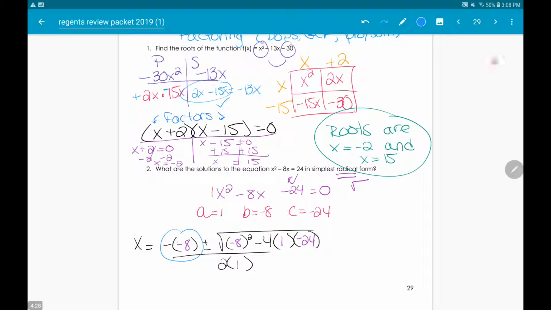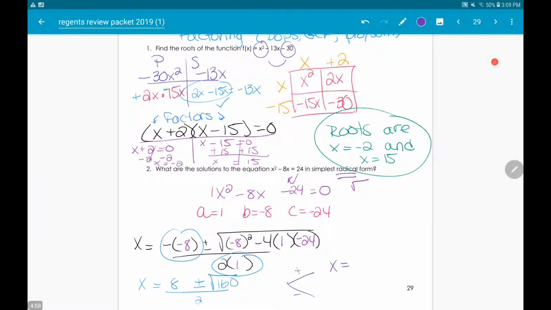Alright, so first one, I simplify and get positive 8. The denominator, I simplify and get 2. Underneath the square root, give me a second while I'm typing that in my calculator. I get 160. I break it up.